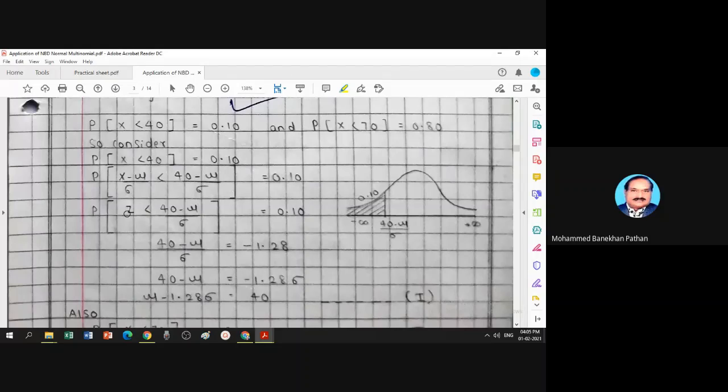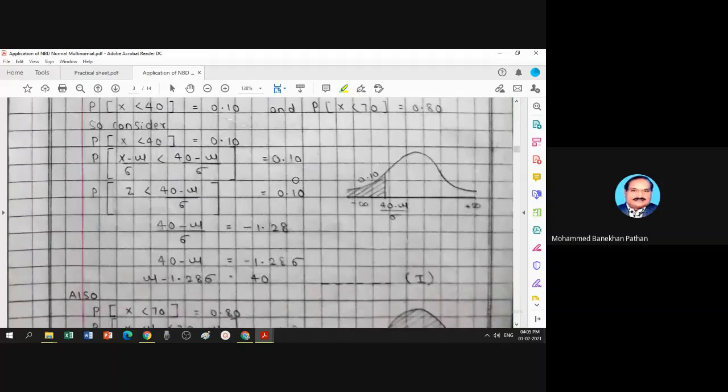And what is the Z formula? X minus mu by sigma. So I subtract mu from both sides and divide both sides by sigma, and you get this statement equal to 0.10: X minus mu by sigma, which is Z, less than this, with mu unknown and sigma unknown, equals 0.10.